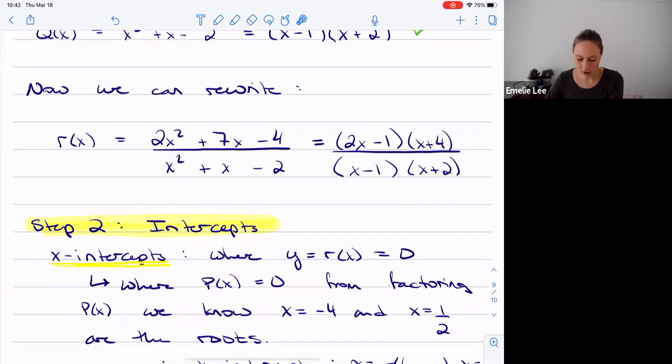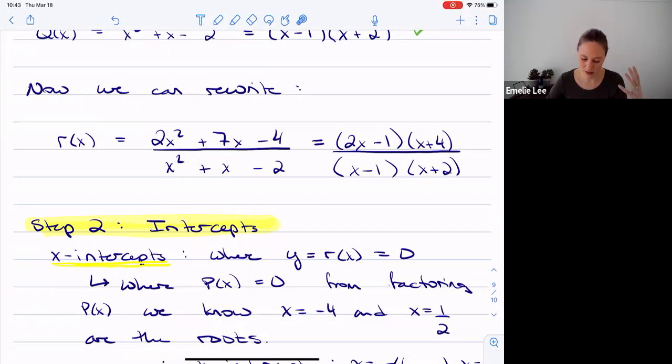I like to, whenever I can, go back to the original, and it doesn't change the answer. I like to use the original because that's the one that I can rely on. Here, I've meddled with things, right? I'm feeling confident because I checked my factoring, so it should work. But whenever I have the opportunity to go back and use the original function, I will.